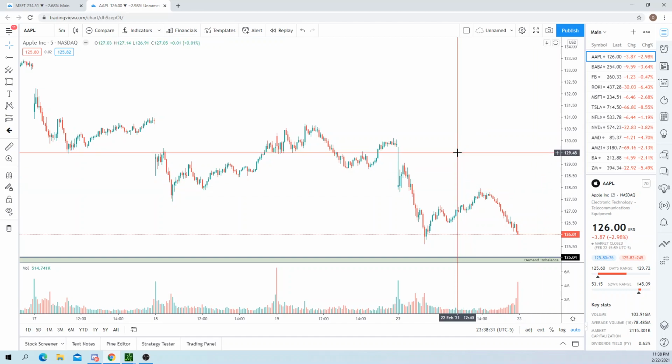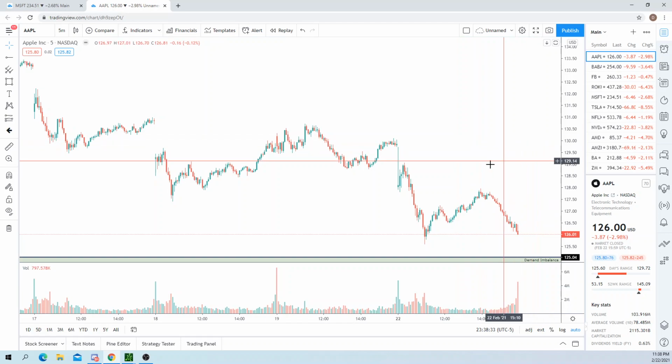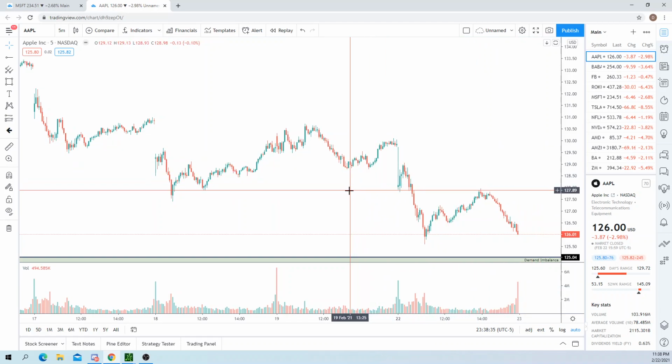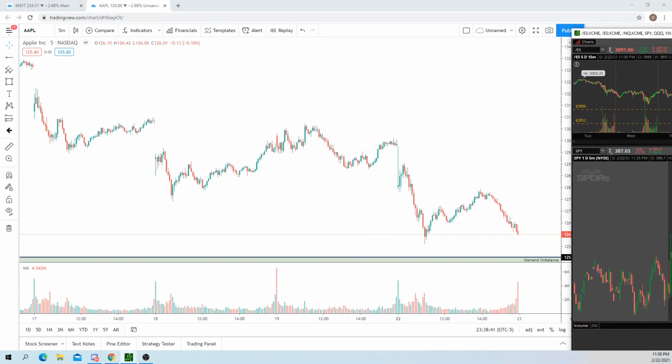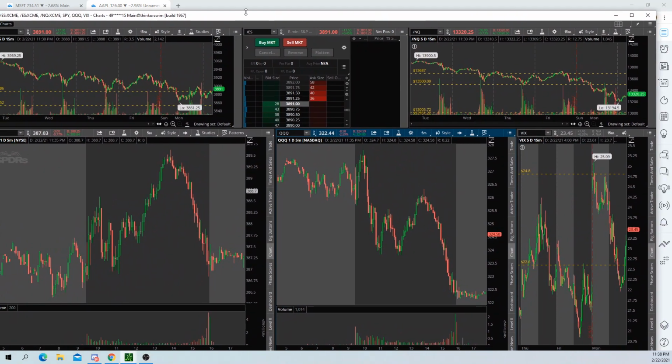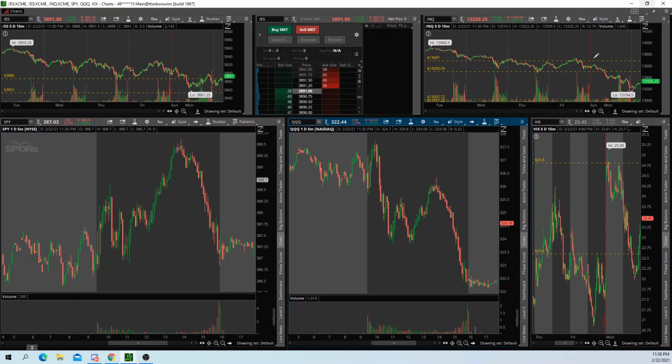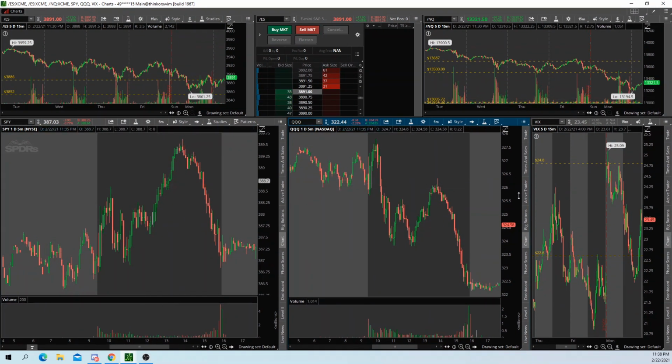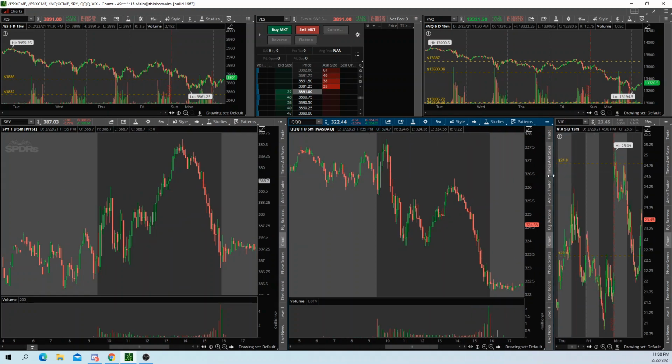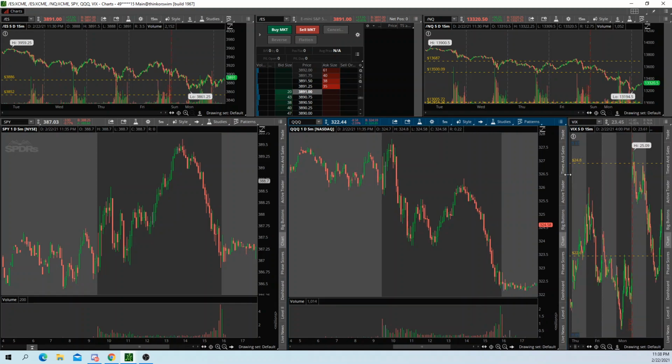Okay. I also want to talk about another reason why both Apple and Microsoft puts worked out well. So I'm going to go over relative strength and weakness in SPY as opposed to QQQ. So I'm just going to enlarge these for the sake of this video.